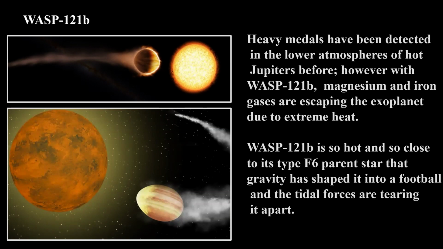The temperature is 4600 Fahrenheit. It is so close to the parent star that it only takes 1.1 days for one orbit. And you thought 3½ days for WASP 17b was short. Tidal forces will eventually destroy WASP 121b. This was the first exoplanet atmosphere observed to have water in its atmosphere.